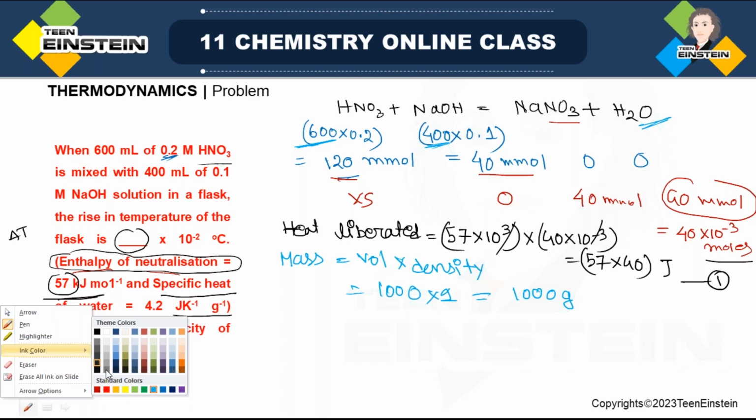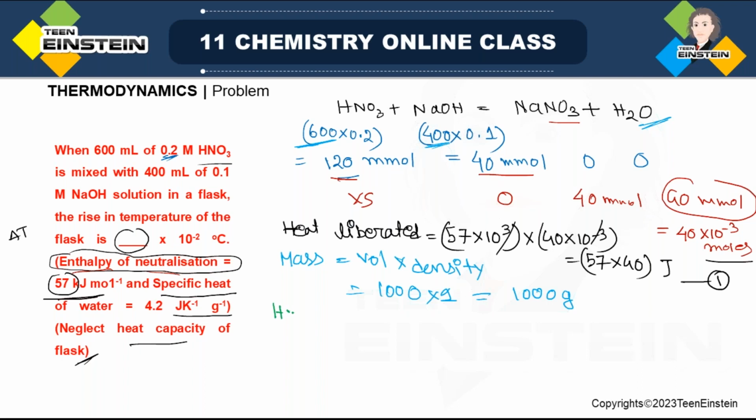But why is mass required? Now we will see the reason. Heat liberated is also equal to heat gained, because that heat is utilized in the rise in temperature of the flask. That means the flask has taken this heat to increase its temperature, neglecting the heat capacity of the flask. Whatever heat is liberated in this neutralization reaction is completely taken by the flask and utilized in the increase in temperature.